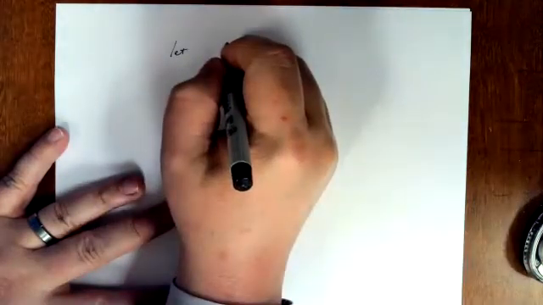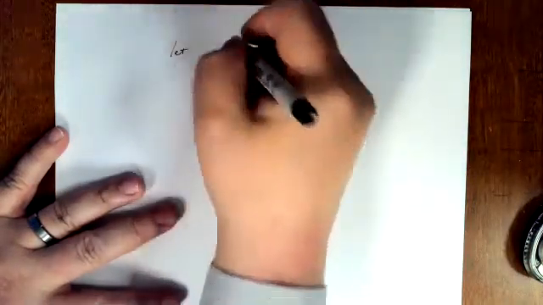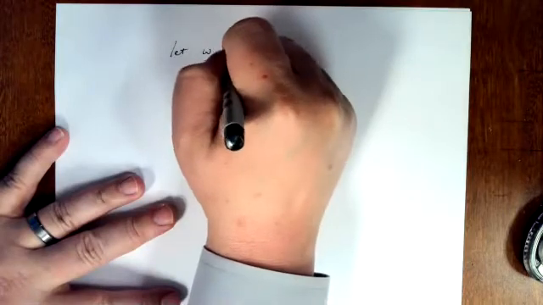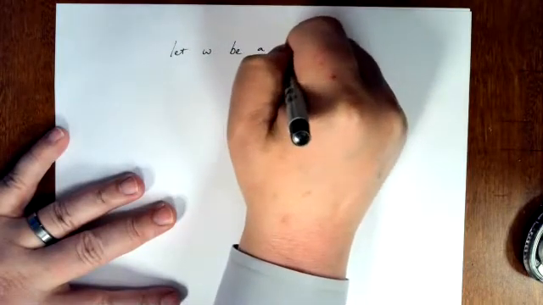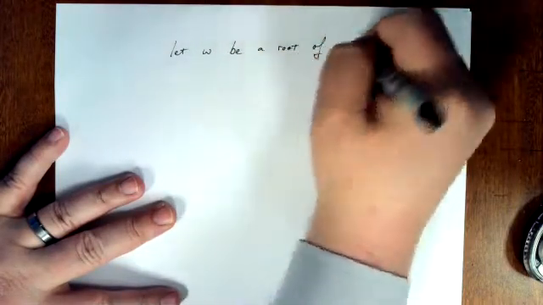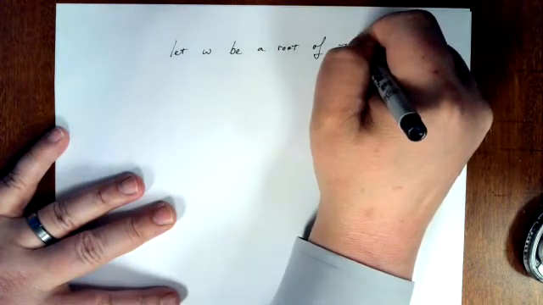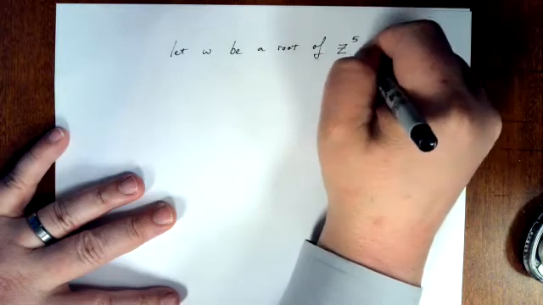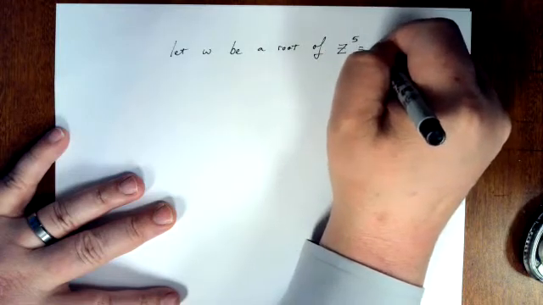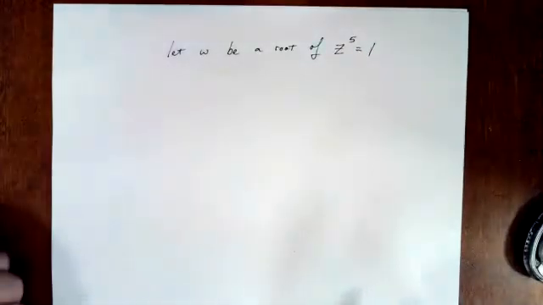I'm going to say, let W be a root of Z to the fifth is equal to 1.